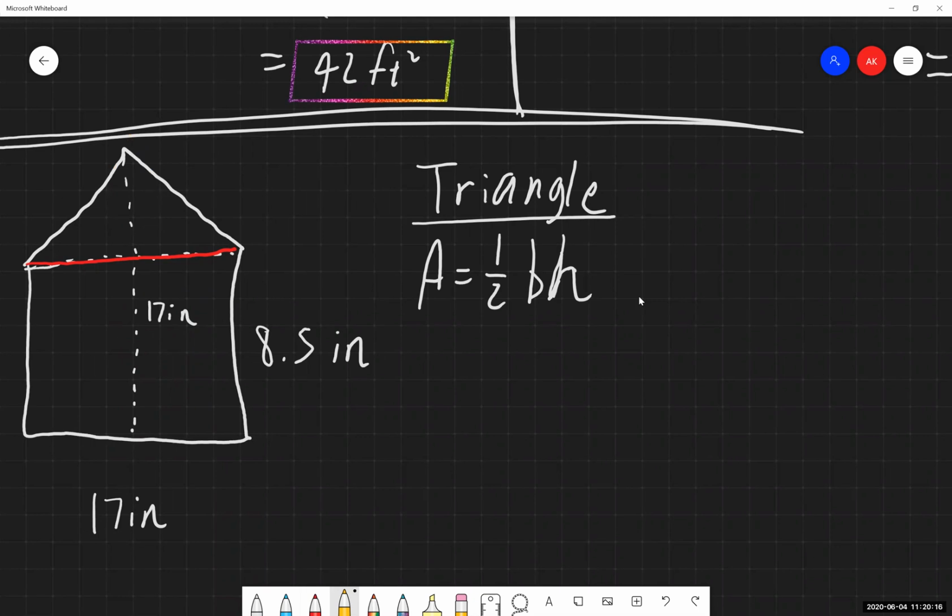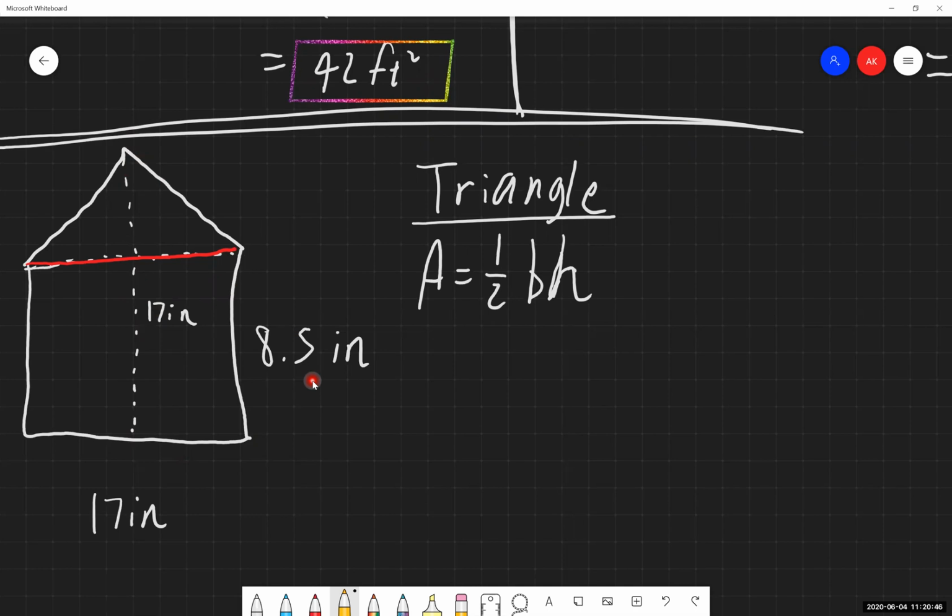We have been told that the entire distance running along here is 17 inches. We also know that this portion of that is 8.5 inches. So if I know the entire thing is 17, and I know part of it is 8.5, I can determine what's left over by doing 17 minus 8.5.